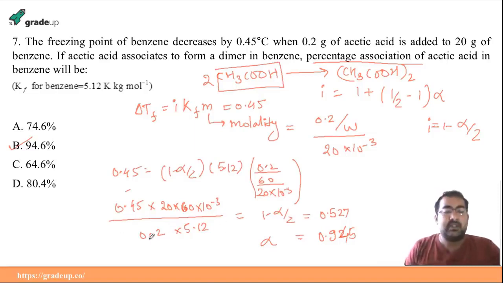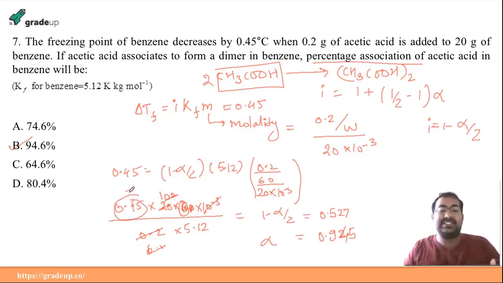If you want to approximate the calculation, this will be 0.1. Then here you have 10, and again you can take it as 100, and cancel the zeros. You remove the 10 to the power minus 3, and then you have 6 here and 0.45 here. You can easily do 6 times 0.45, which is 2.7, right?